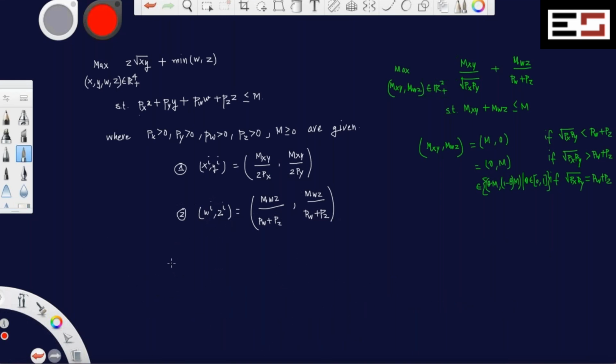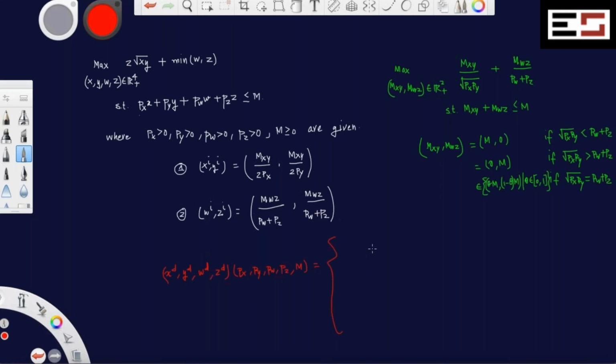So what you're going to get is as follows: xd, yd, wd, zd, and it's a function of px, py, pw, pz, and m. Okay, and it is as follows.